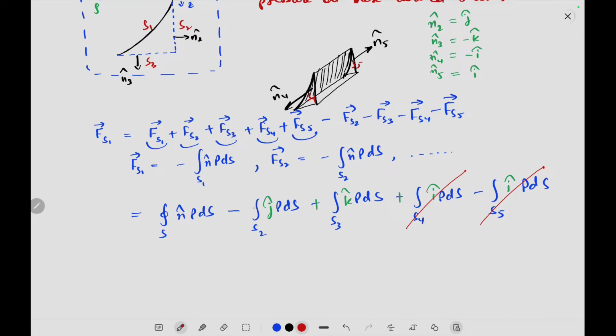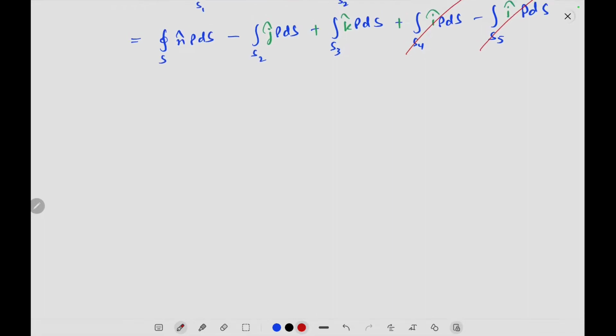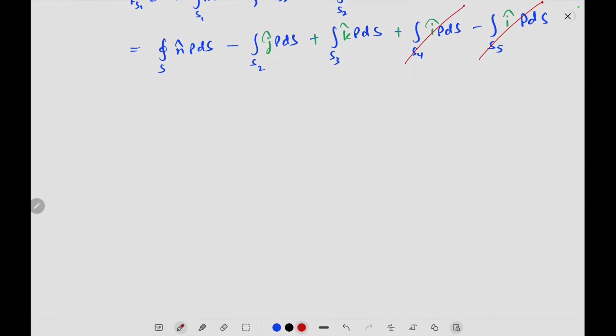Okay, now to simplify this expression we will use the Gauss divergence theorem. So let me just state the Gauss divergence theorem.